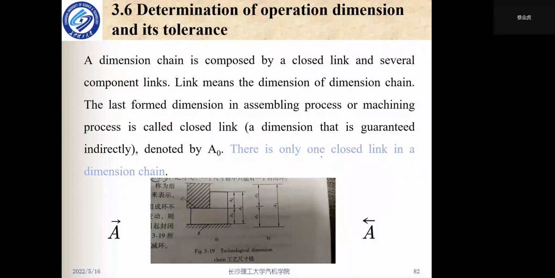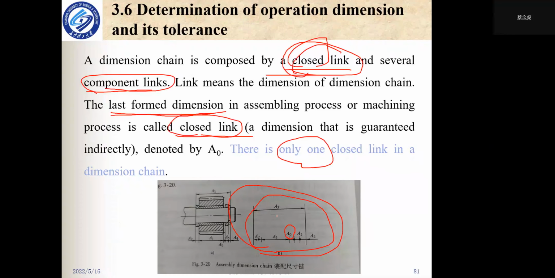All of the dimensions which have an effect on the closed link in a dimension chain are called component links, which means they can be obtained directly. In this figure, I will repeat it again: all of the dimensions which have an effect on the closed link in a dimension chain are called component links.